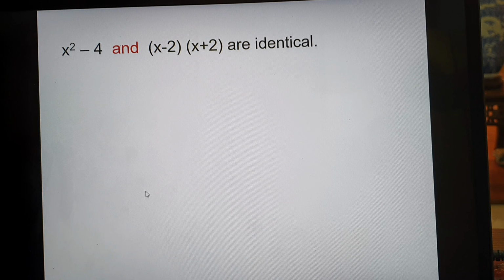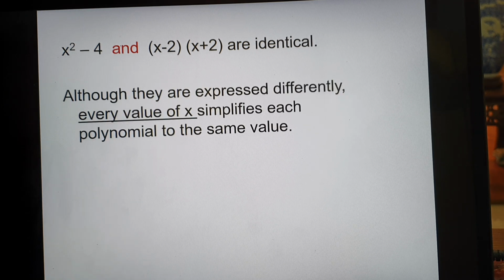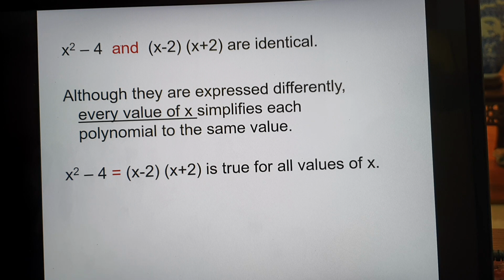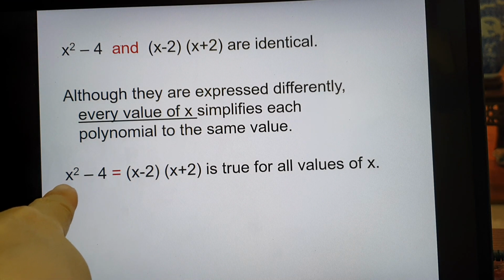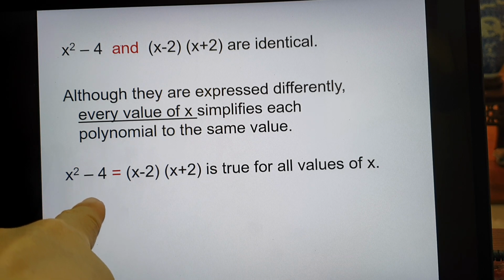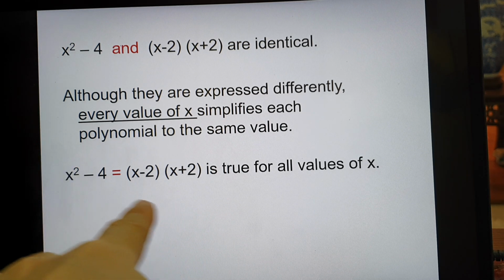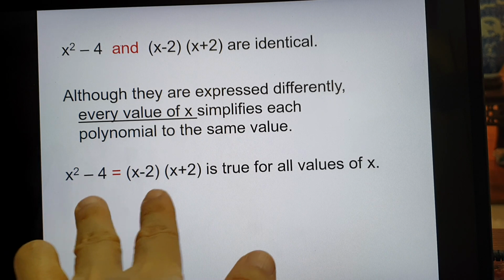Nothing much. Okay, now we're venturing into identities already. As you know, these two are identical. It's just that they look different, but they are true for all values of x. That means whatever x value you put in, from minus infinity to infinity, this left hand side will be equal to the right hand side.